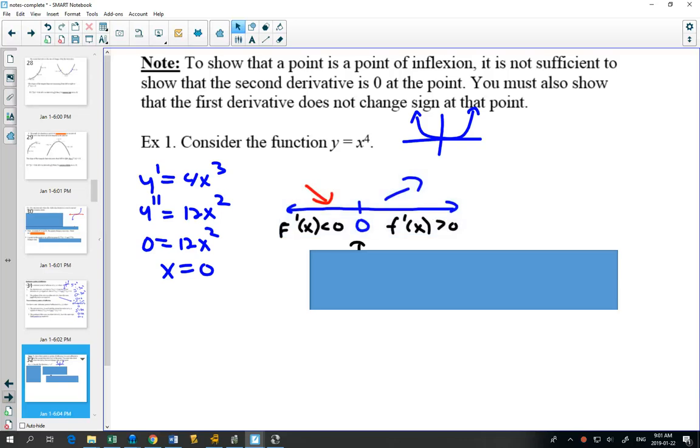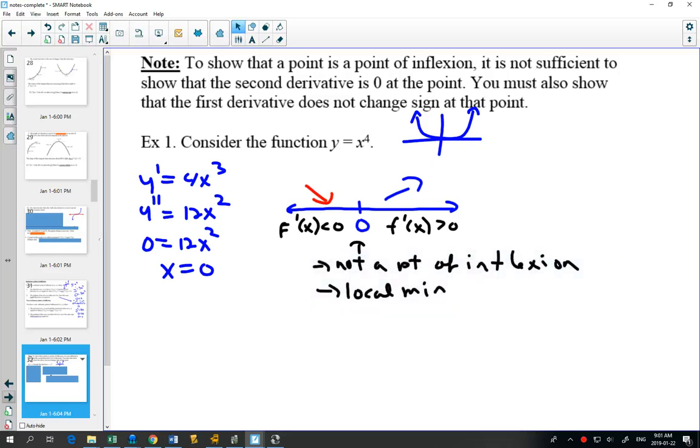When you look at your first derivative test and you plug in something less than 0, it's negative, and greater than 0, it's positive. So it's decreasing and then increasing, which you can see in the graph. Zero is not a point of inflection because it's a local minimum.